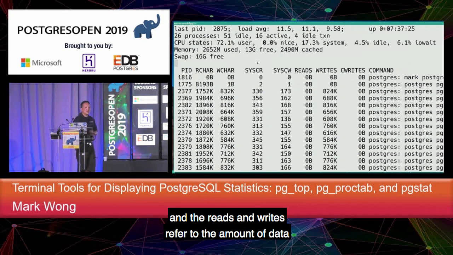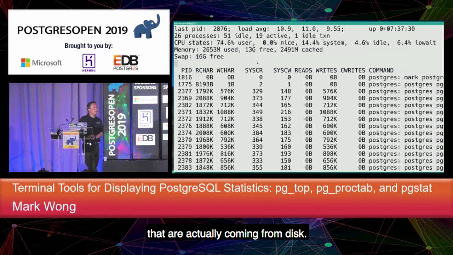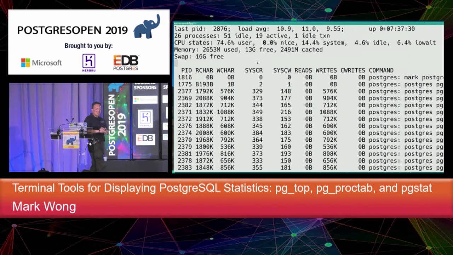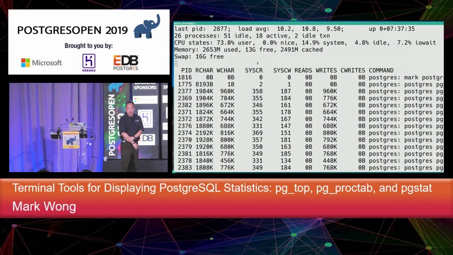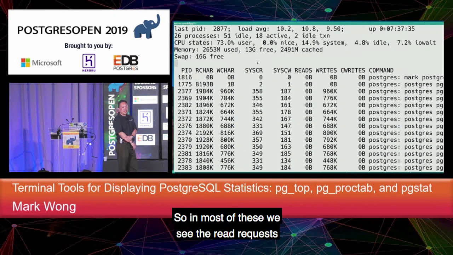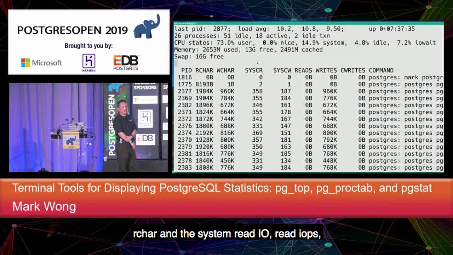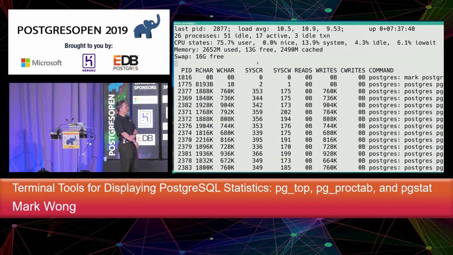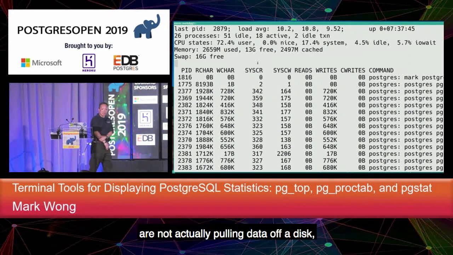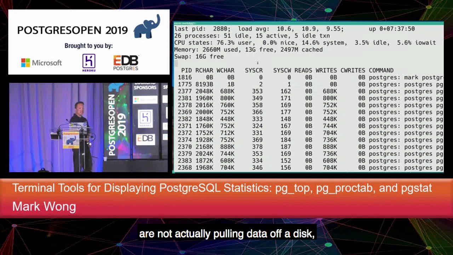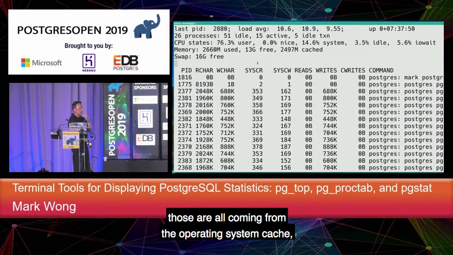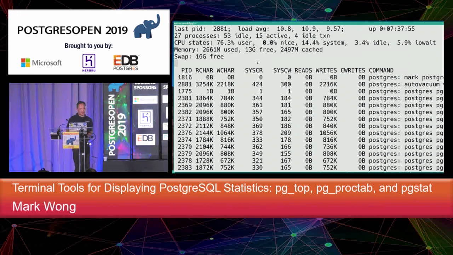And the reads and writes refer to the amount of data actually coming from disk. So in most of these, we see the read requests, rchar, and the system read IOPS are not actually pulling data off a disk. Those are all coming from the operating system cache.